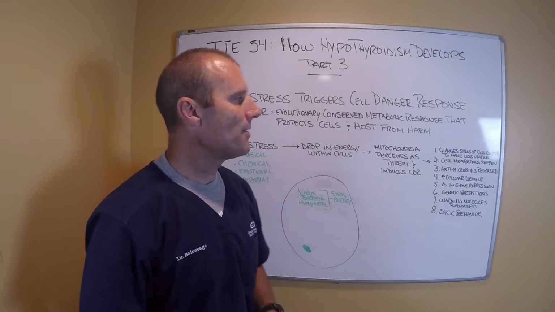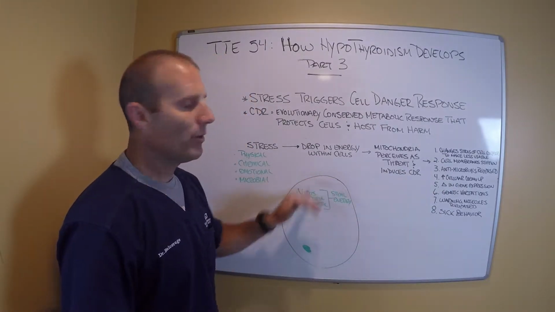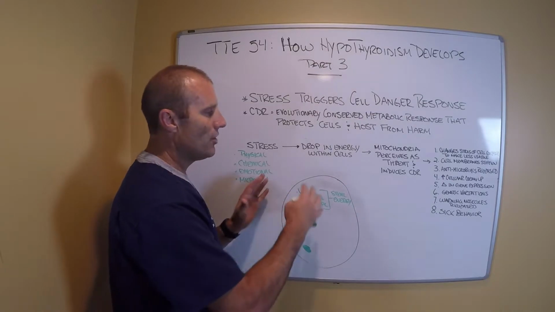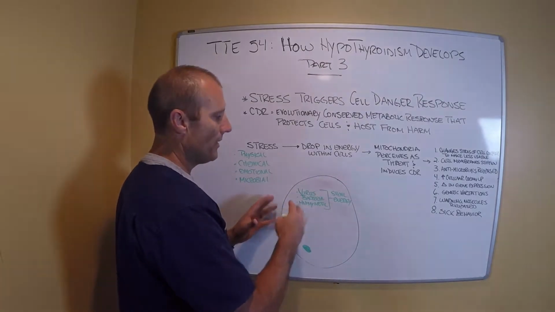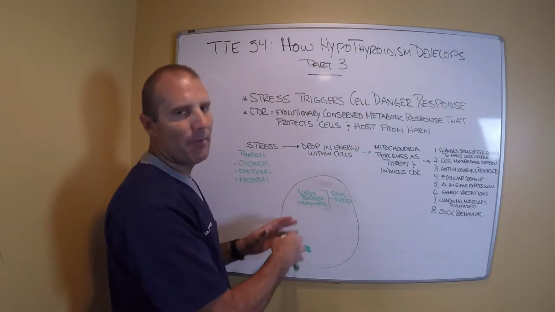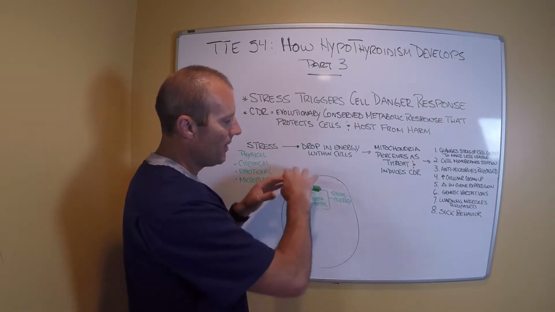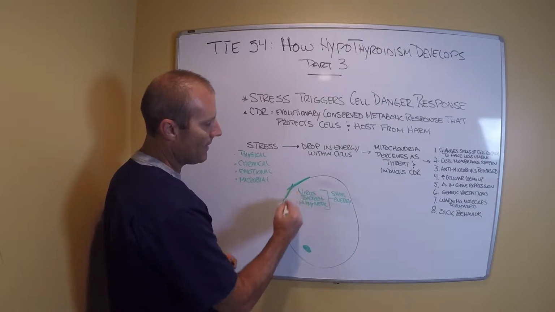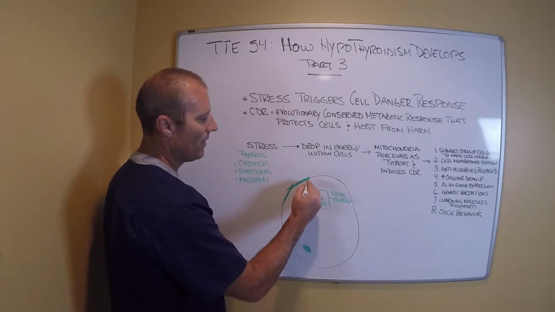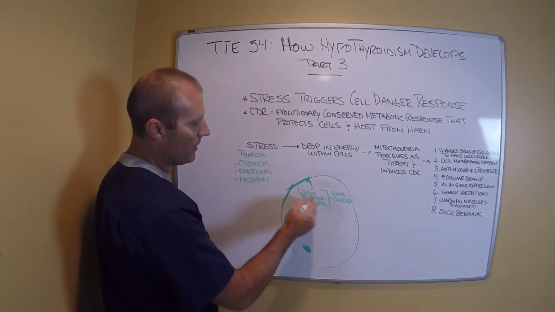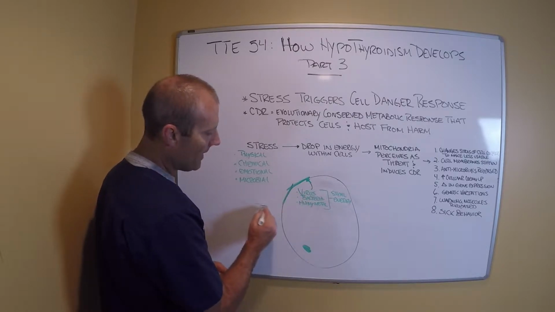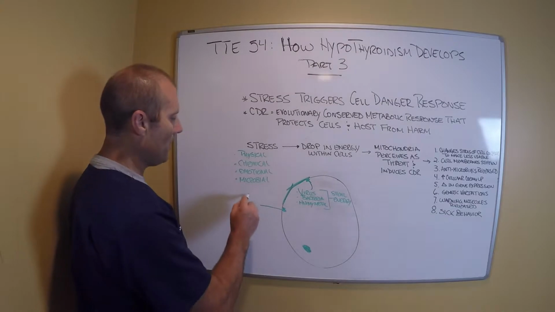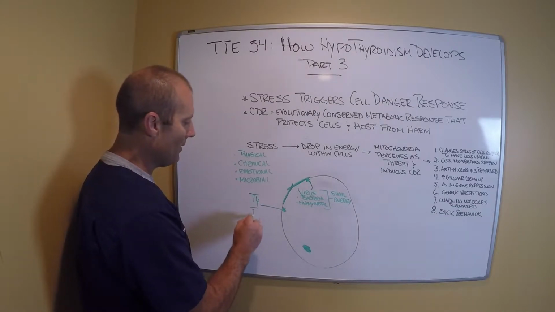The second thing that happens is the cell membranes stiffen, okay? They do that to protect, to trap the bacteria, the virus, the heavy metal, whatever that threat is. By stiffening these cell membranes, you trap these things in the cell and they can't get out. The problem is that if we stiffen these cell membranes, then things can't transport in as easily either, such as T4 and T3.